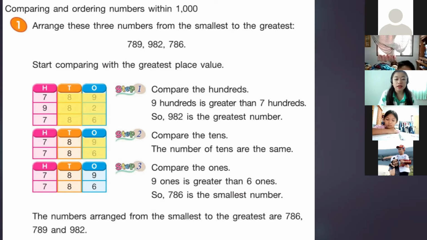We have 789. So the smallest number is 786. So the arrangement of these numbers, from the smallest number, we have, what is the smallest number?